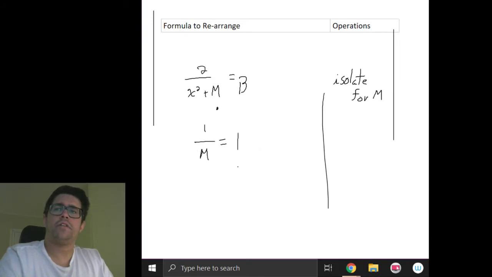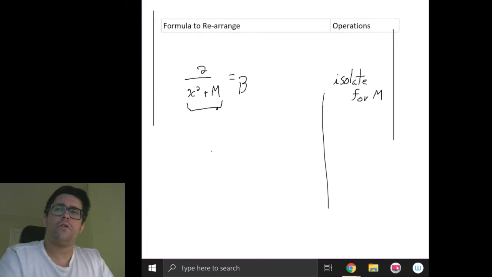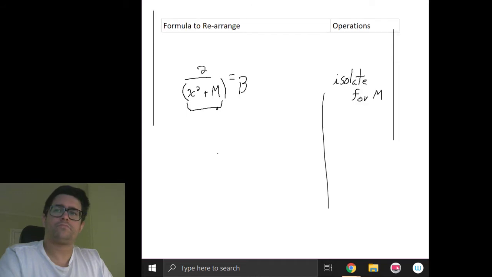So we'll be doing that, but with everything here. We're going to have to handle this bottom part first. We're going to multiply by this bottom completely.